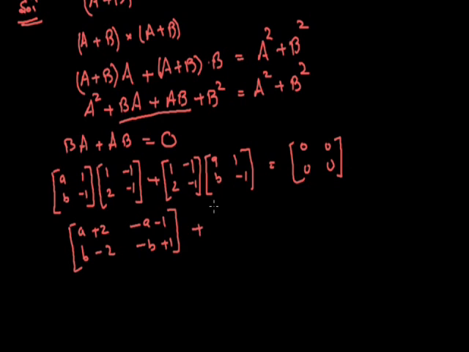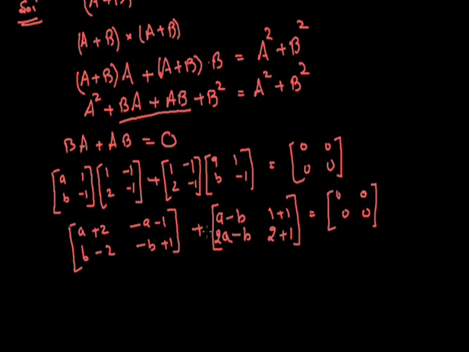Then plus, now 1 multiplied with a, so a, minus 1 multiplied with b is minus b, 1 multiplied with 1 is 1, minus 1 multiplied with 1 is minus 1, plus 1. Now 2 multiplied with a is 2a, minus 1 multiplied with b is minus b, 2 multiplied with 1 is 2, then minus multiplied with minus 1 is plus 1, equal to [0, 0; 0, 0].